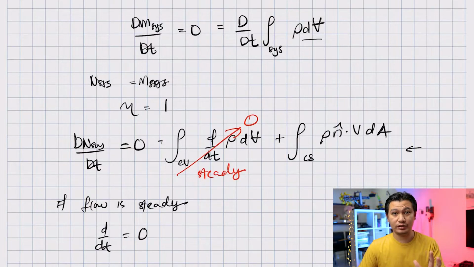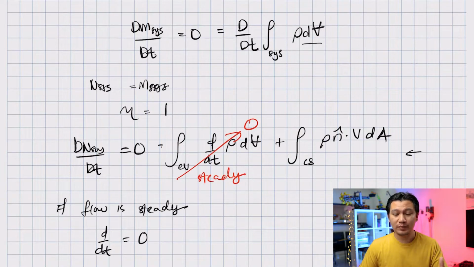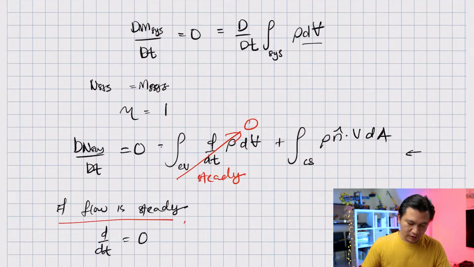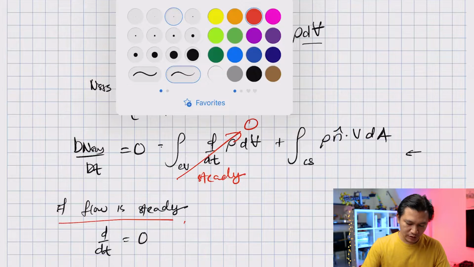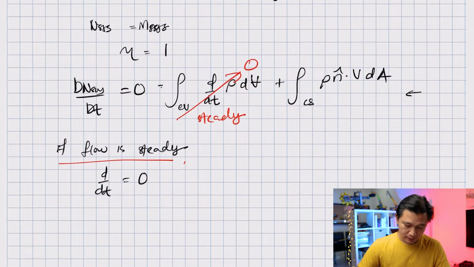If the system is not steady, you cannot cancel out this term, but let's keep assuming that the flow is steady. When that term becomes 0, we are left with 0 equals the integration over the control surface of rho n dot V dA.